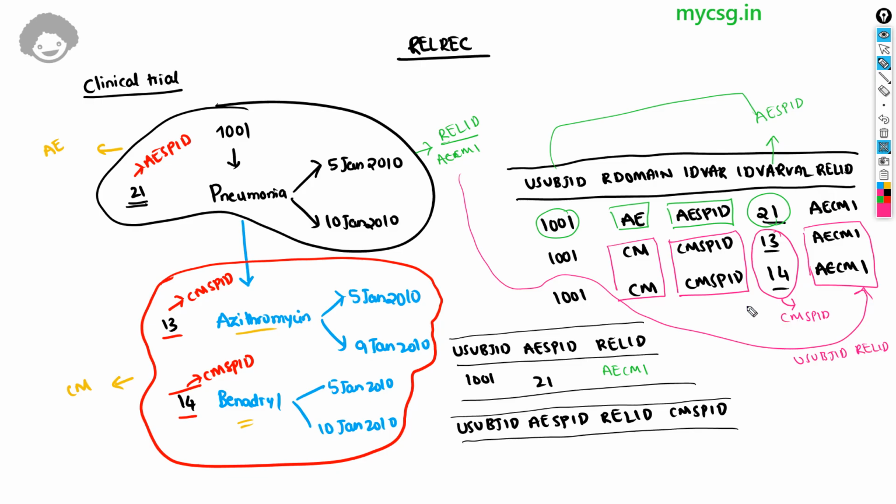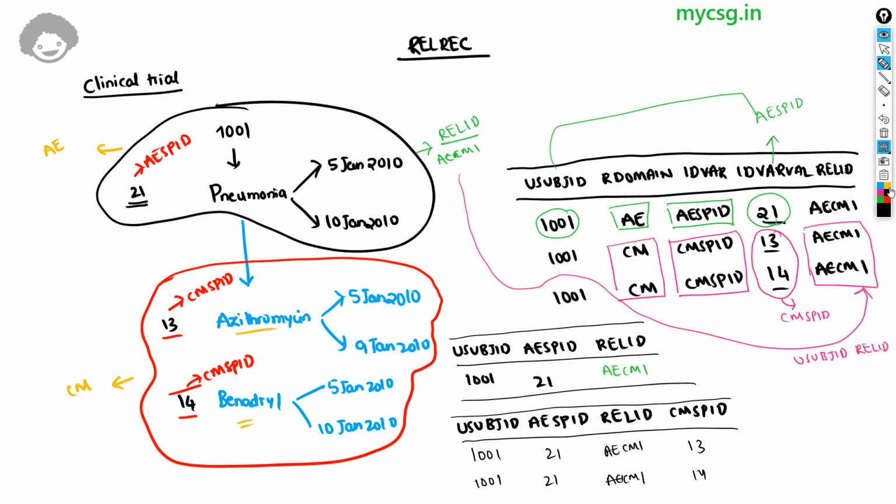In that case, we would get 1001, AESPID of 21, RELID AECM1. We have renamed IDVARVAL as CMSPID, so it becomes a one-to-many merge. We get a CMSPID of 13, and on the second record for the same AESPID of 21, we have a CMSPID of 14 as well.